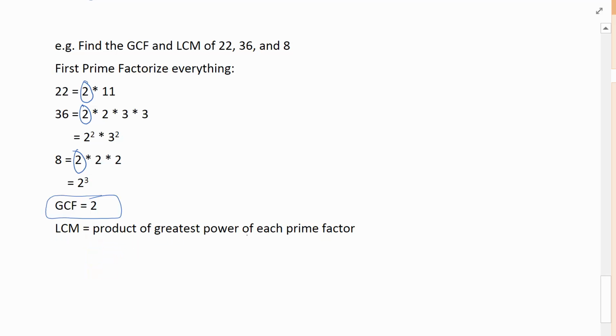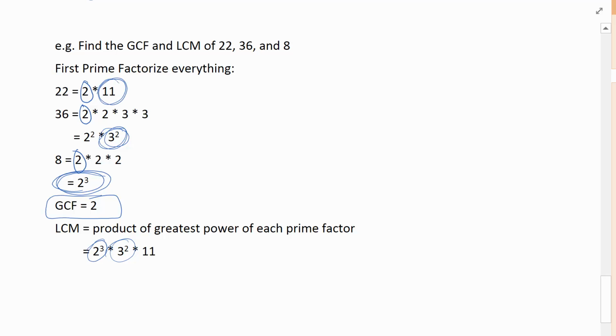That's what they have in common as factors. Now the LCM. Let's go again with the product of the greatest power of each prime factor. So 2's. Well, 8 has 2 cubed, so we're going to use 2 cubed. And as far as 3's go, well, 36 has 3 squared, so we need 3 squared. And there's no 5's, no 7's. Oh, there's an 11. 22 has an 11.